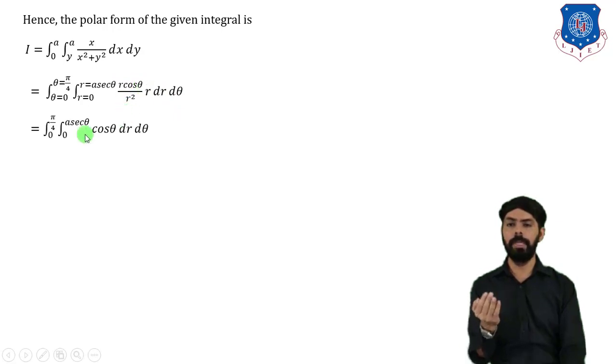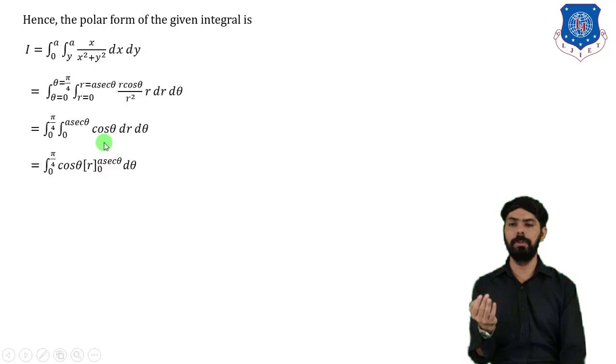Therefore it will be integration from 0 to pi by 4, then integration from 0 to a sec theta cos theta dr d theta. So here we will have to take the integration of cos theta with respect to r. So cos theta will be as it is because we are taking integration with respect to r. So theta is constant. Then we will have to take the integration of 1 with respect to r, which will be r.